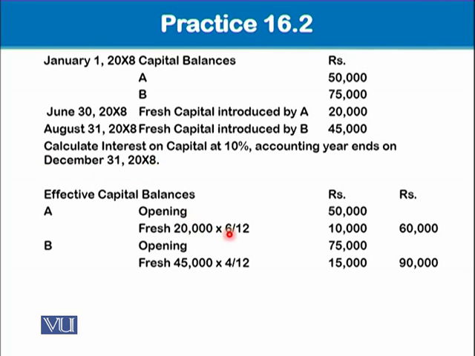It remained with us for 6 months. So 20,000 capital remained with us for 6 months, which means it is effectively equal to 10,000 rupees. So the effective balance of Mr. A's capital is 60,000. Got it?